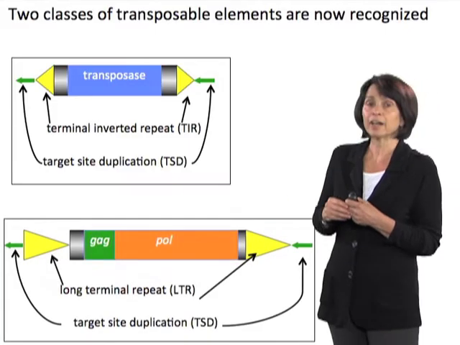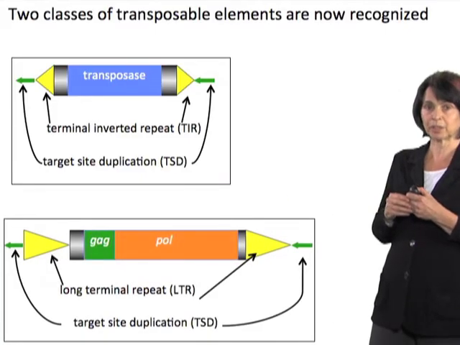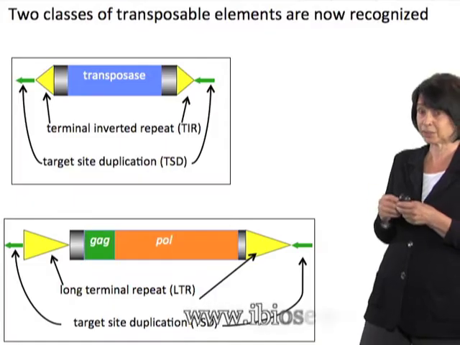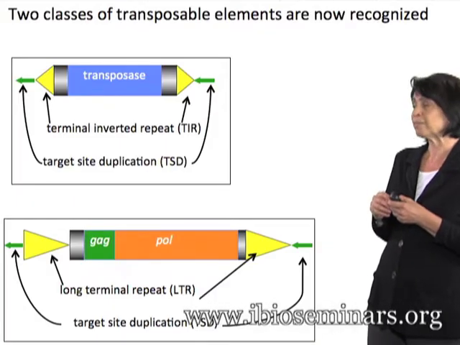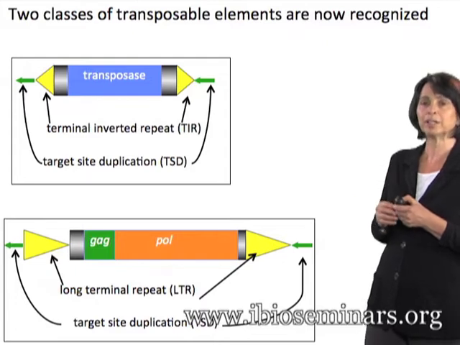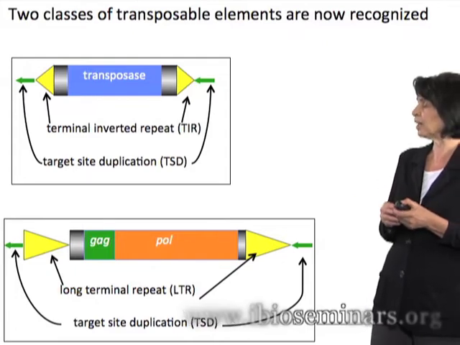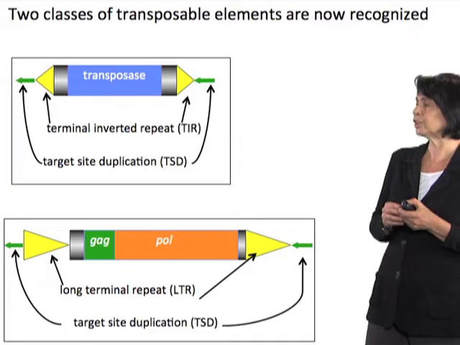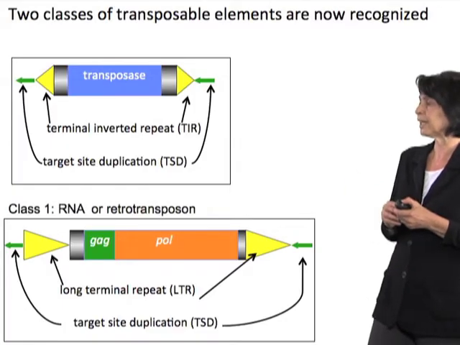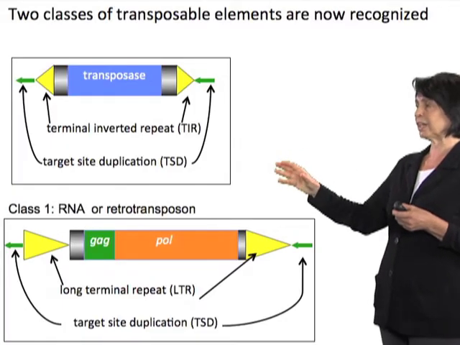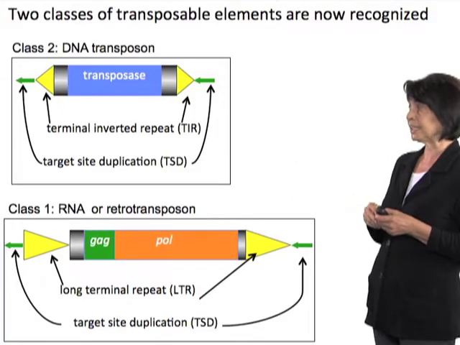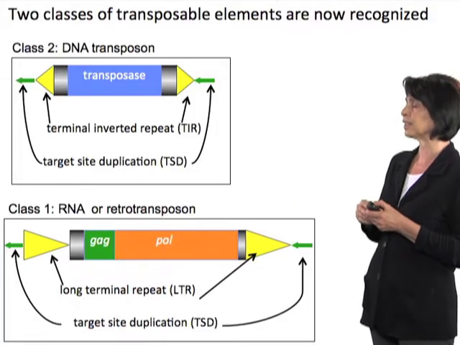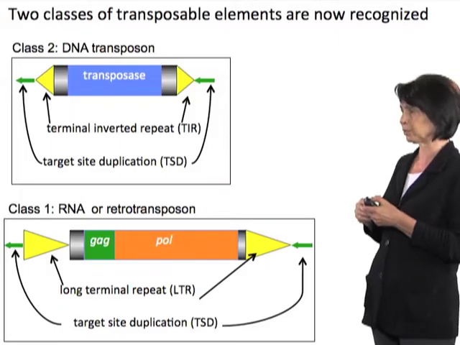But there is, in fact, another class of transposable elements that I'm not really focusing on in this talk, and I'm only going to mention it briefly. But these are incredibly abundant transposable elements. They're called retrotransposons. And these are now called class 1 transposons, whereas the DNA transposons that McClintock studied are called class 2 transposons.